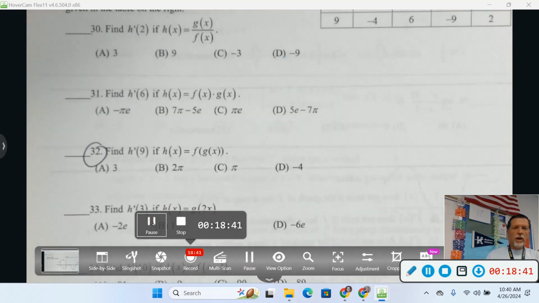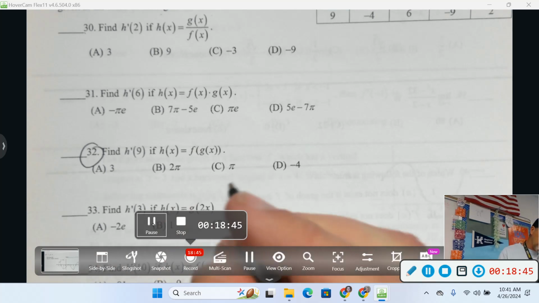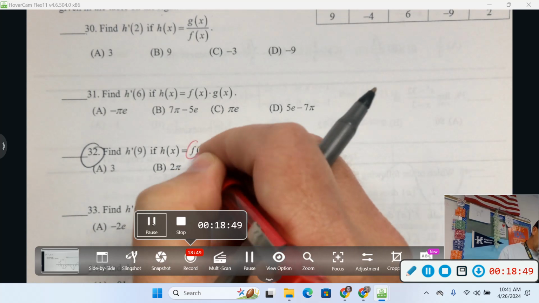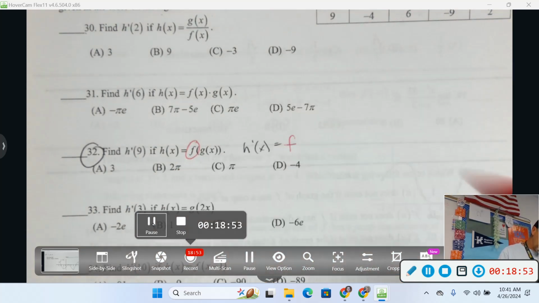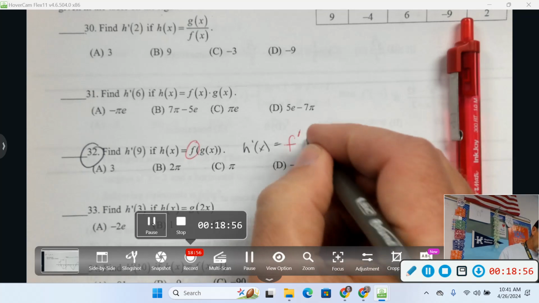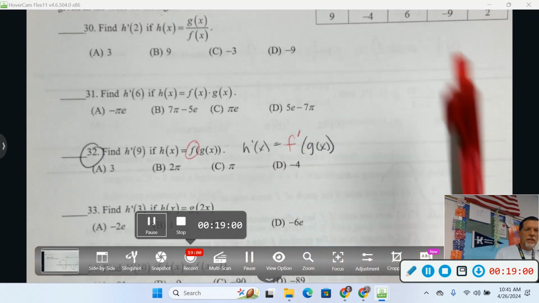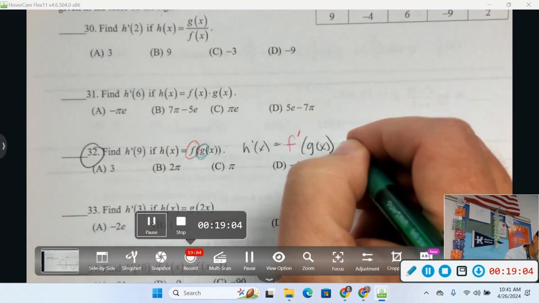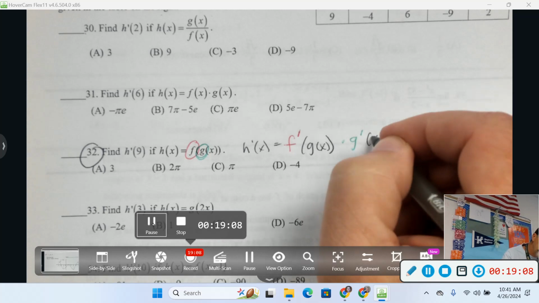Another table problem, and another table problem combined with the chain rule. So outside in, one layer at a time. So f prime of g of x. And I bet that's one of the answer choices, but it's not right, because next I need to chain that onto g prime of x.